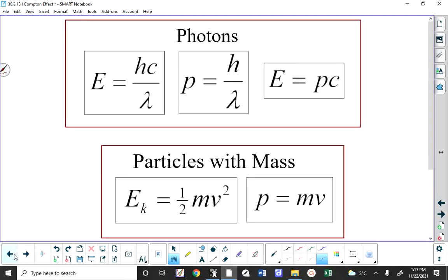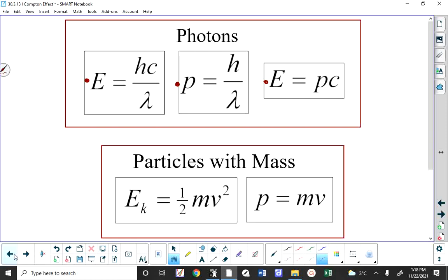Oh, I want to make a point here. Look at the bottom of the screen here. When you talk about particles with mass, you have a specific formula for energy and you have a specific formula for momentum. When you talk about photons, you have a specific formula for energy and a specific formula for momentum, and then you have a third formula which includes energy and momentum.